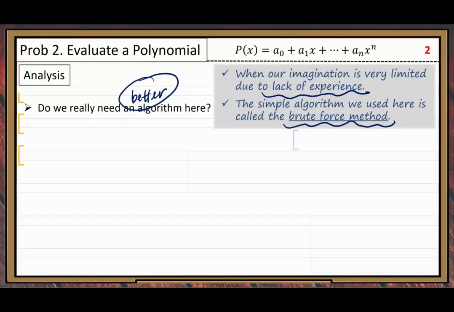That's very common. Then many people just apply the brute force method as the first try. After that, then try different ways to improve it. Here we take the same approach. Our first try is the brute force method.